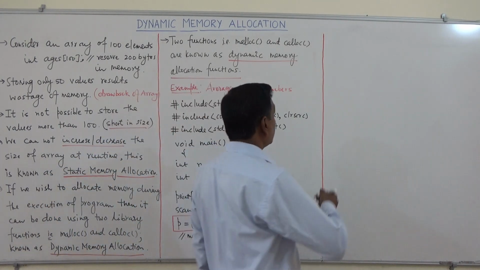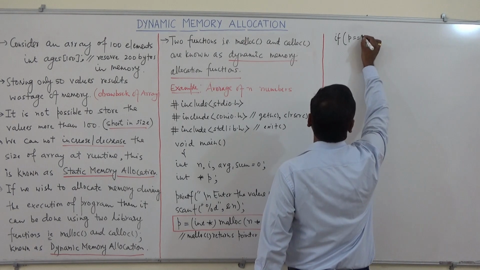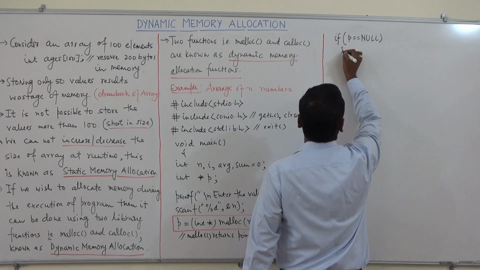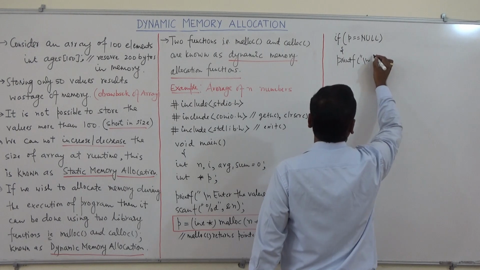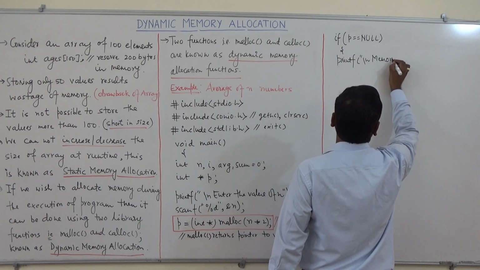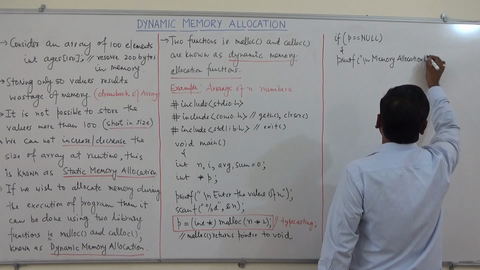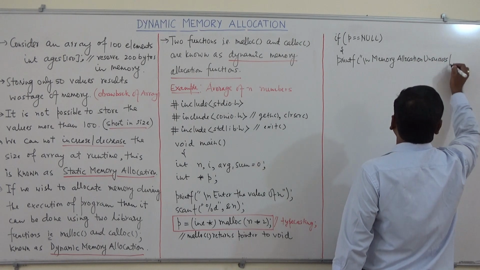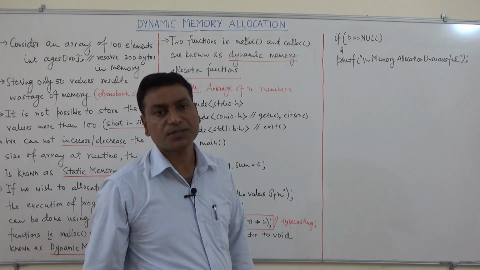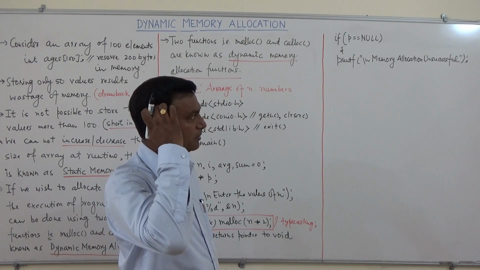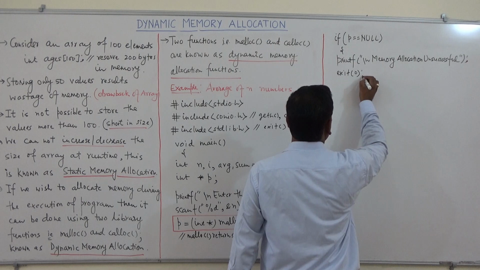So we can use the code: if p is equal to null, then print memory allocation unsuccessful, and then exit 0.